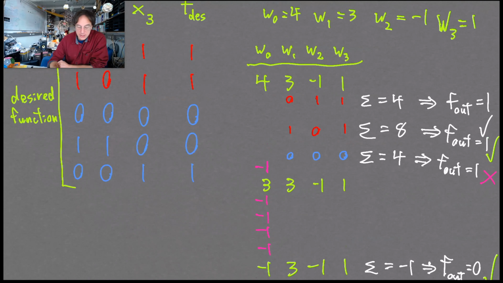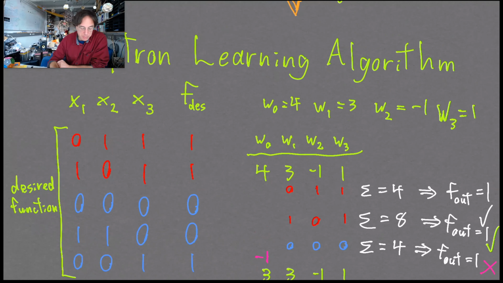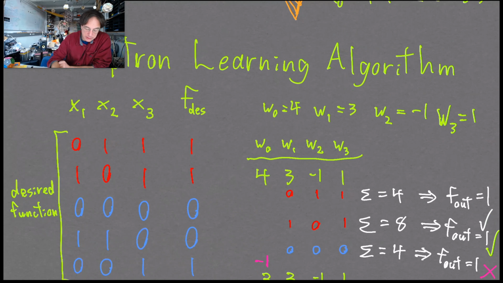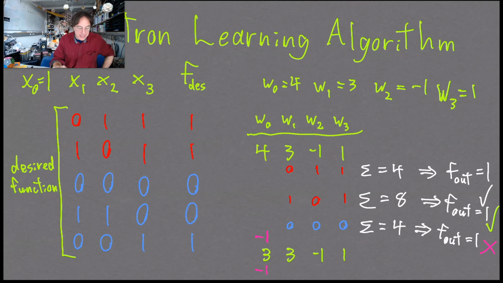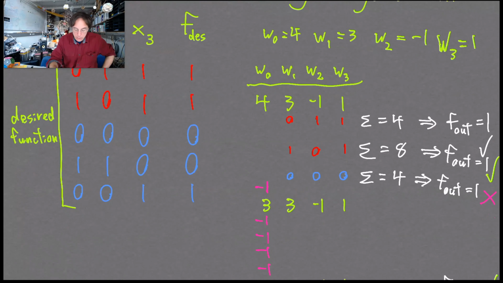Now let's do something a little bit funny. Let's pretend there's a fourth input. Let's suppose there's an input x0, which always equals 1. Why do we do that? Just because it makes our calculations here a little bit more uniform.